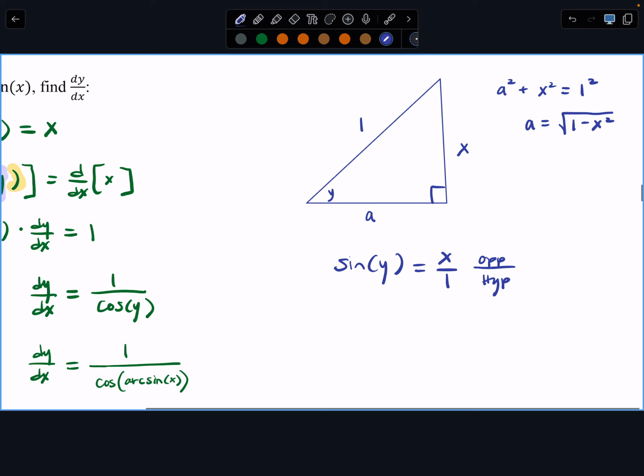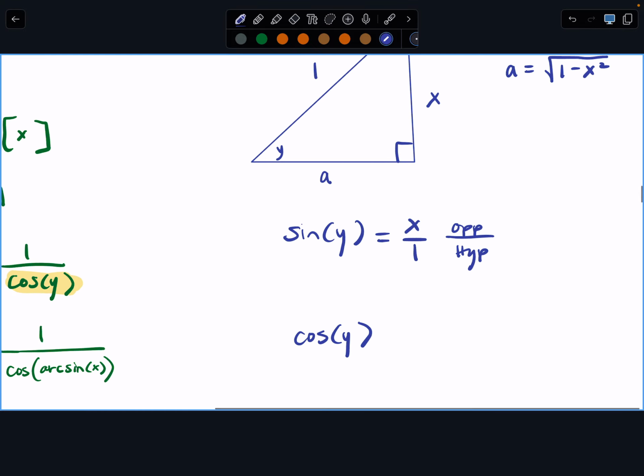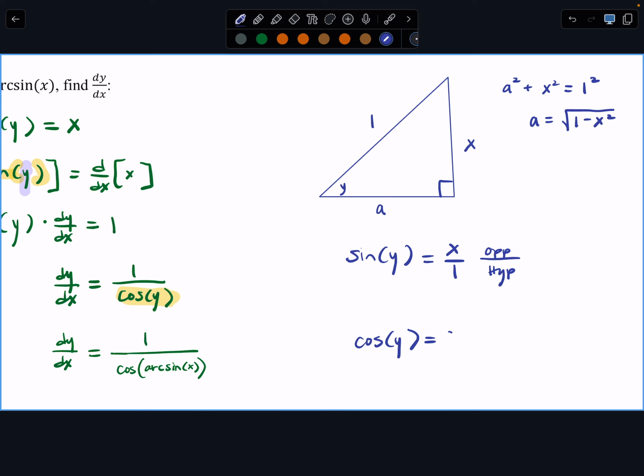So then we're trying to figure out how to replace cosine of y. We want to replace cosine of y in terms of x. Cosine is adjacent over hypotenuse, so that would be the square root of 1 minus x squared over 1.